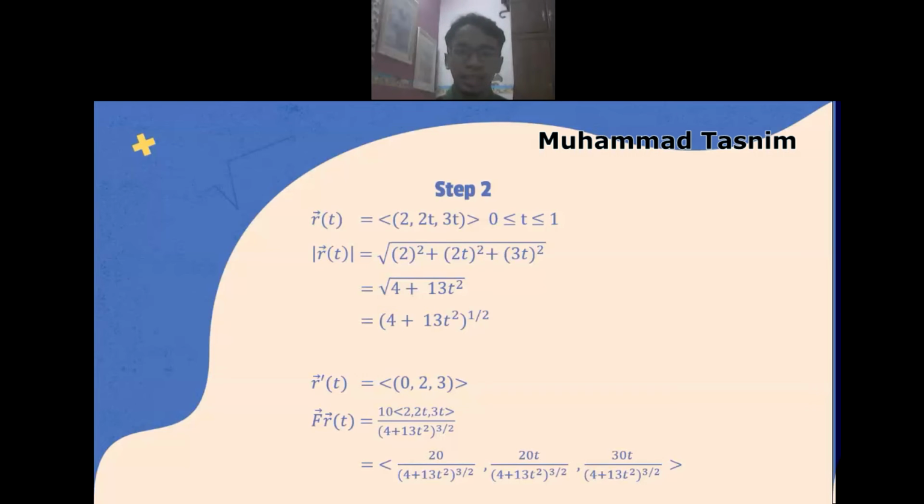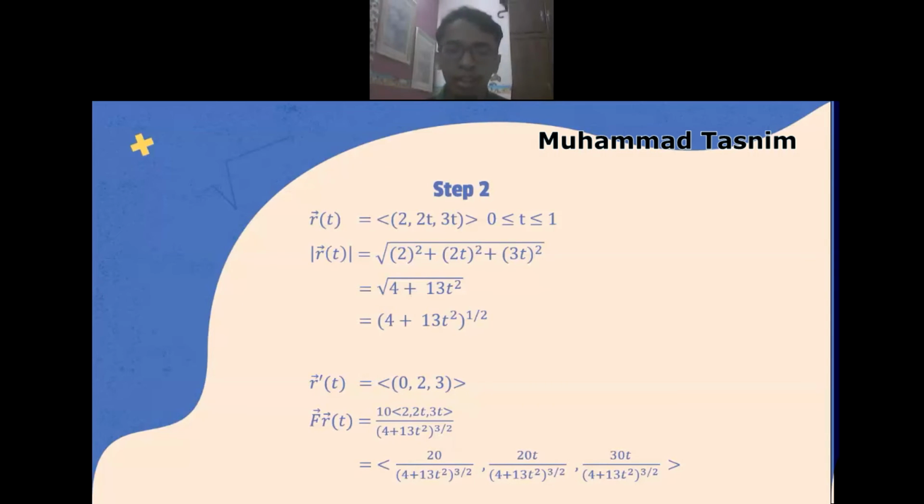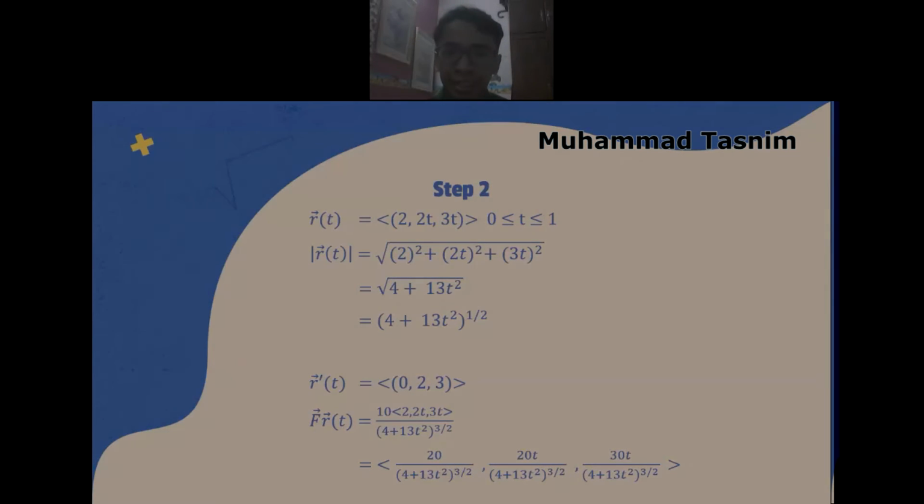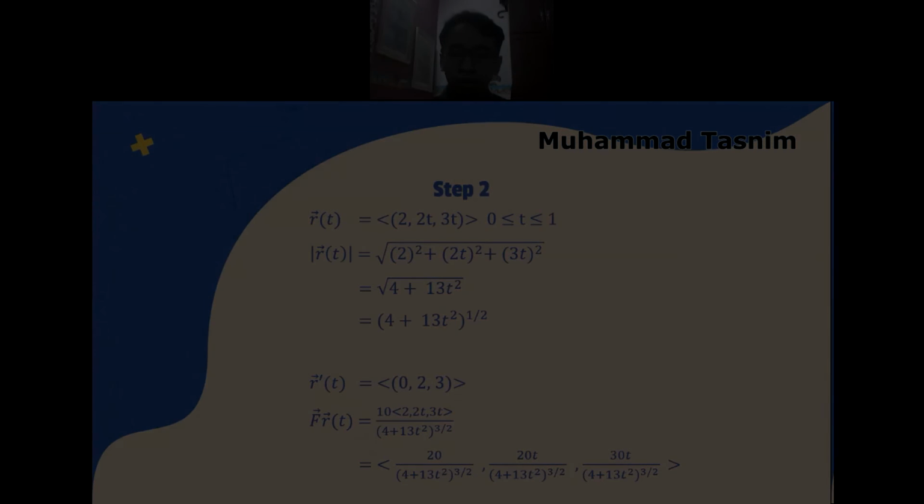And lastly we calculate F(r(t)), and the answer is 20 over (4 plus 13t squared) to the power of 3 over 2 i plus 20t over (4 plus 13t squared) to the power of 3 over 2 j plus 30t over (4 plus 13t squared) to the power of 3 over 2 k.